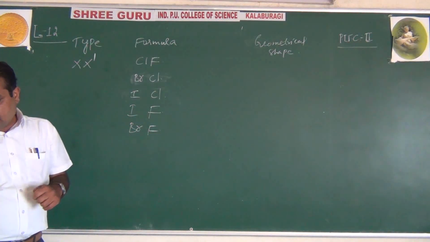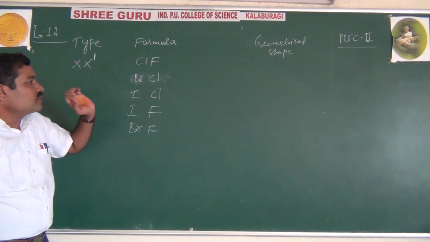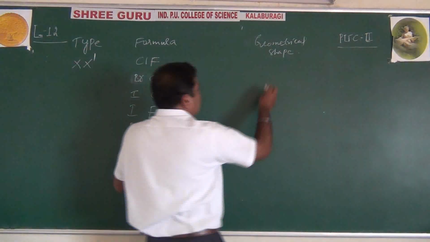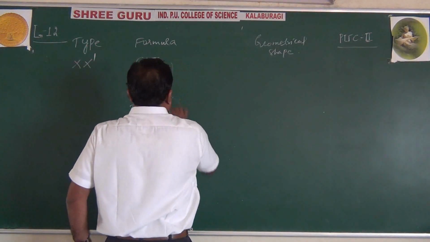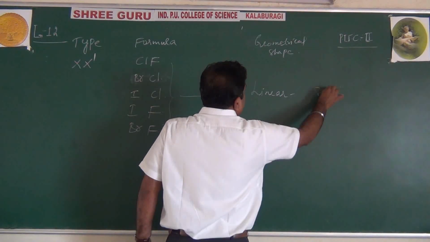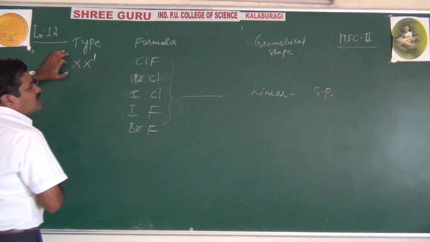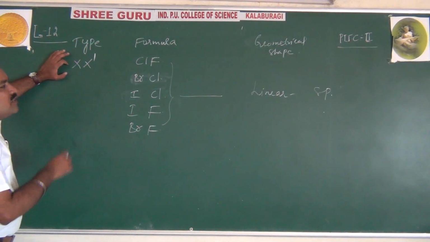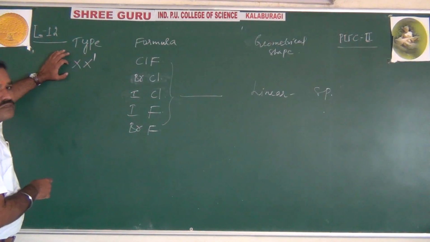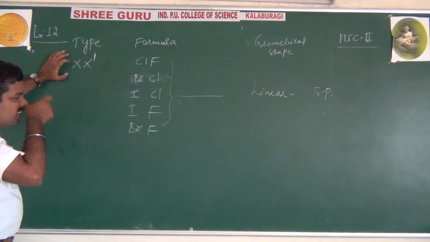These are all examples of XX', and these all have the geometrical shape that is linear with sp hybridization. Actually they should have trigonal bipyramidal geometry, but it is linear due to distortion. ClF has a linear shape.